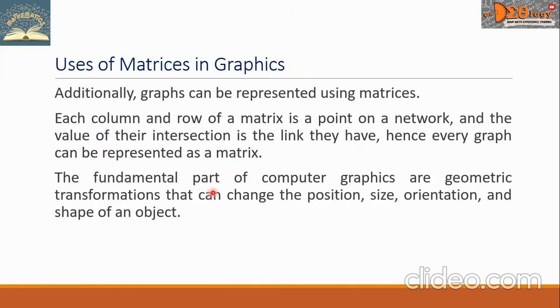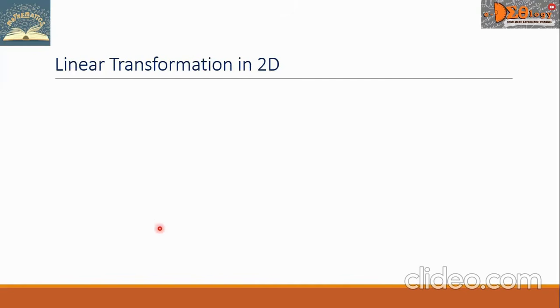The fundamental part of computer graphics are geometric transformations that can change the position, size, orientation, and shape of an object. Let us study linear transformation in 2D.